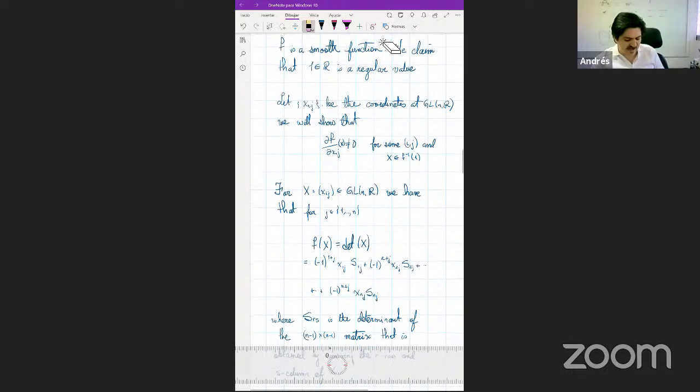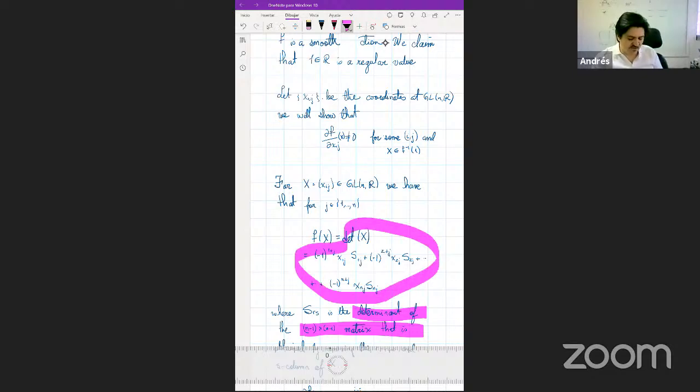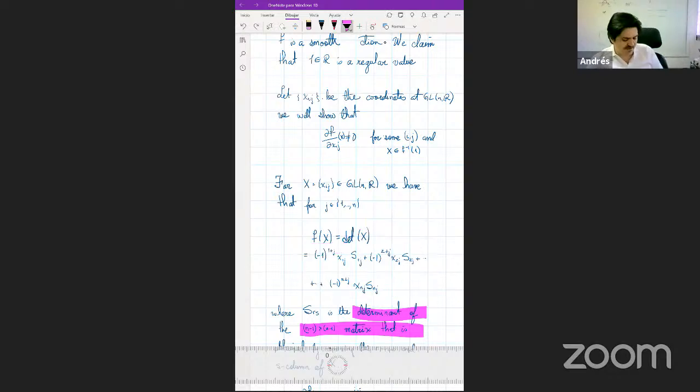So the S_ij is the determinant of that smaller matrix. Okay? So that's how I am writing this. There are many ways to write the determinant, and that's one.